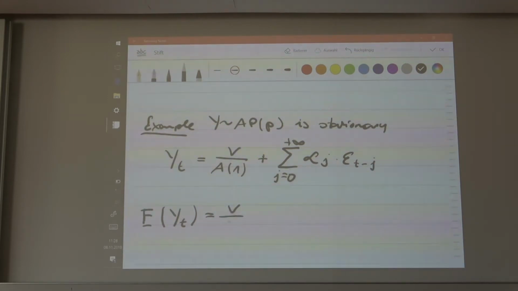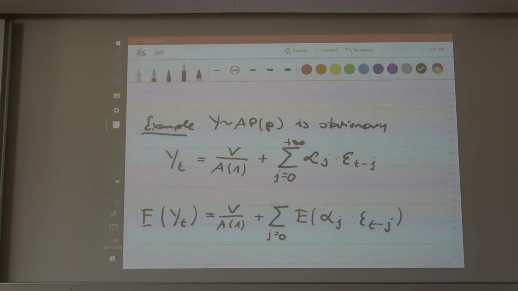So you have the constant plus the expectation of the sum. The expectation of the sum is equal to the sum of the expectations. So here you have the sum of the expectations of these linear transformations, alpha j times epsilon t minus j.